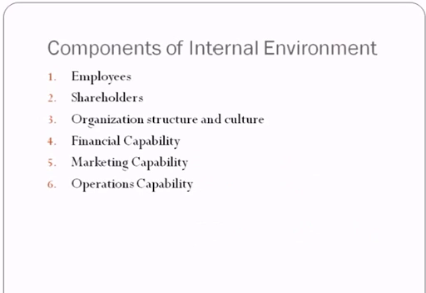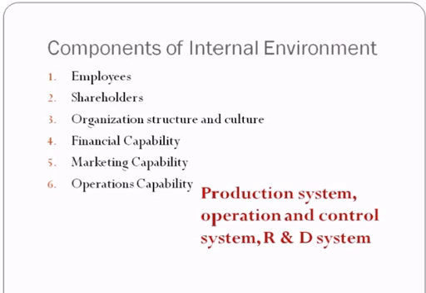Operations capability. Operations capability is related to the production of goods and services, raw materials, and supplier management. So the elements are production system, operation and control, and research and development. Production system takes care of capacity, location of the factory, layout of the factory, the work system, and degree of automation, that is, the use of machines.